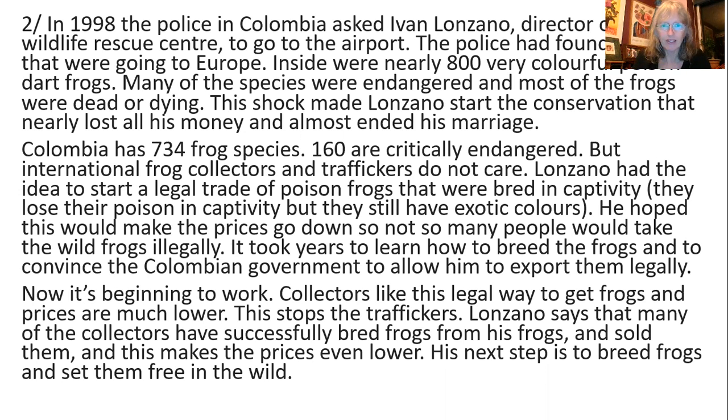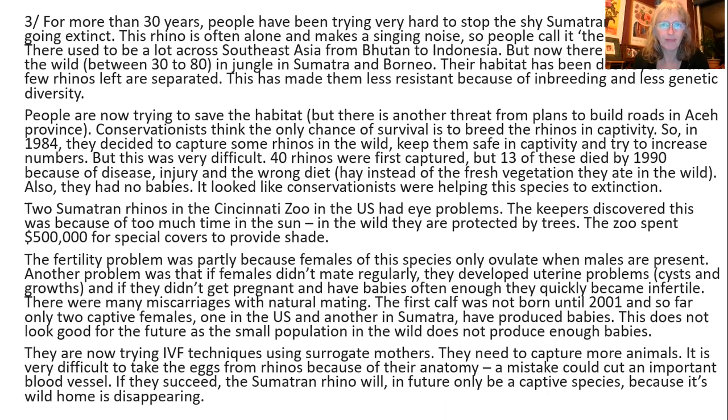And the third one, what's the animal? Yeah, this is the rhino, the rhinoceros. And that's from Indonesia and Asia. How can we save it? Provide covers, use IVF techniques. Lots of ideas there.